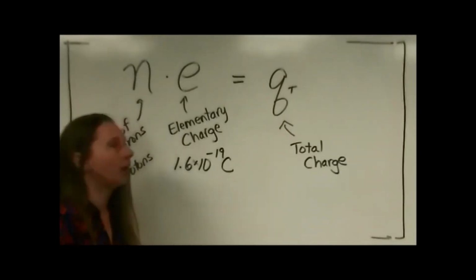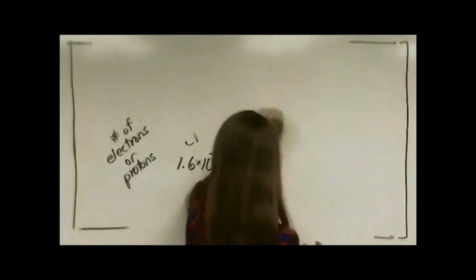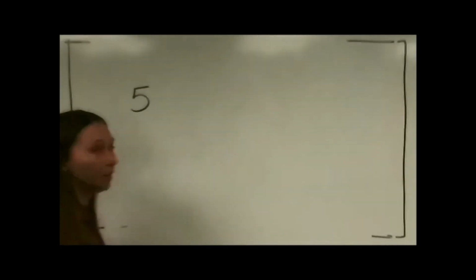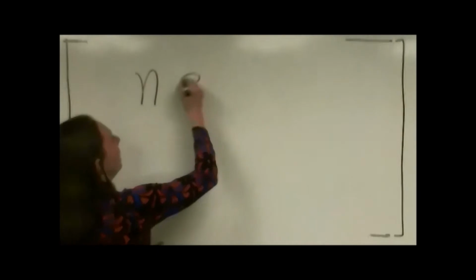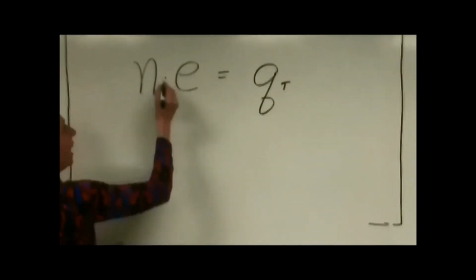So let's try a little problem here. If I have 5 extra electrons, so n equals 5, let's put my equation up first: n times e equals Q total.